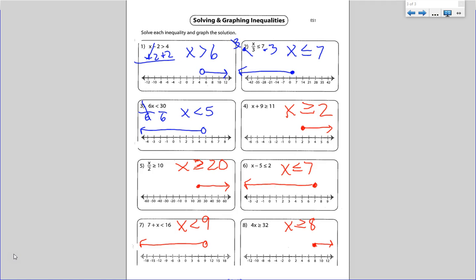We are going to also talk about what happens when we multiply or divide by negative numbers. That changes a little bit. And then the last thing we'll do to wrap up this week is work on a few two-step equations as well, making sure that we can solve two-step inequalities and graph those two-step inequalities.